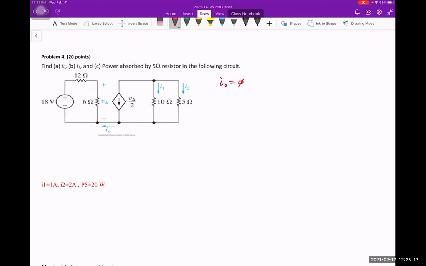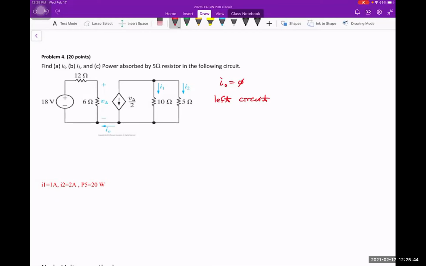Once you have I0 equal to 0, you can solve the problem by looking at the left-hand side first. It's independent, because they are simply a wire with no voltage difference, so you can treat it independently.